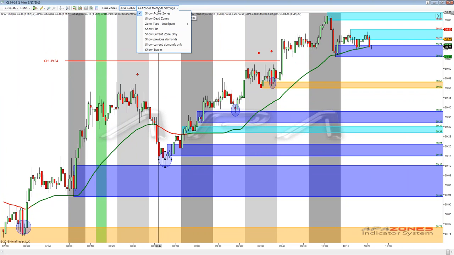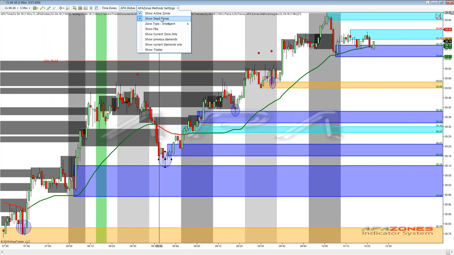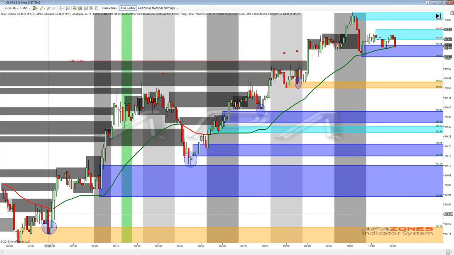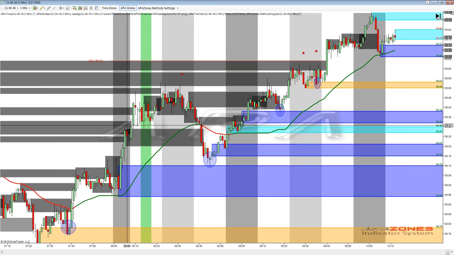So in order to see what the zones look like at the time of day when these things were formed, I'm going to turn on the dead zones, or the inactive zones, if you will. Again, all this stuff is support and resistance, okay?